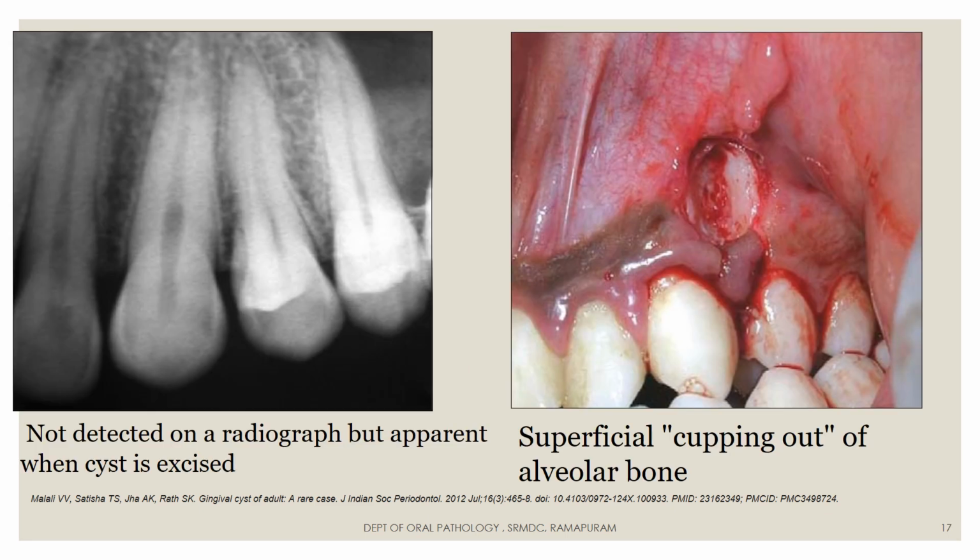In this case, after the surgical excision, we can see the superficial cupping of alveolar bone, which is clearly not detected on the radiograph. So this is a classical sign of a gingival cyst of adult, where in the radiograph we can't see any radiographic resorption or any alterations, whereas after the surgical removal, you can see the superficial cupping of the alveolar bone.